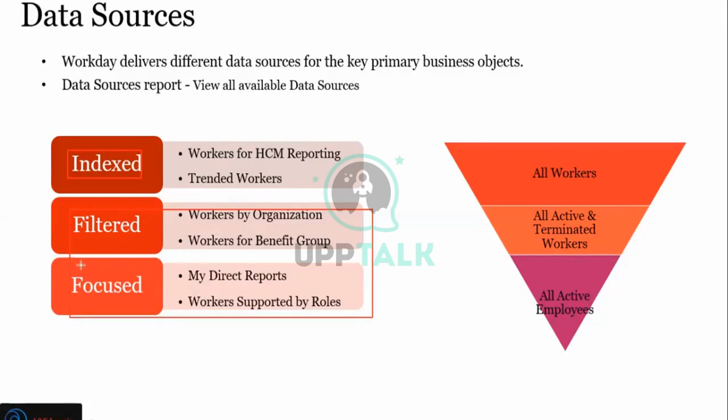For example, we can talk about focused data sources now. I want to build a report which will be available to managers. Maybe managers can see their team absence. If I'm a manager and there are 5 employees reporting to me, I should be able to see absence details of those 5 employees. Then I'll use this focused data source called My Direct Reports.